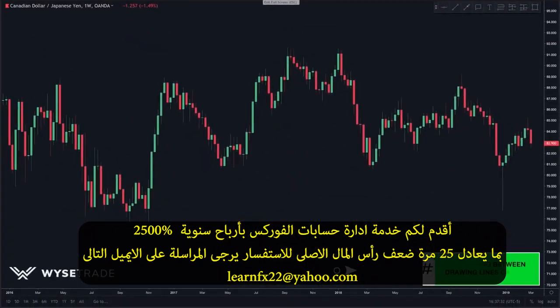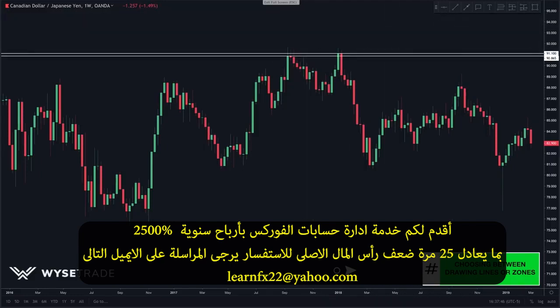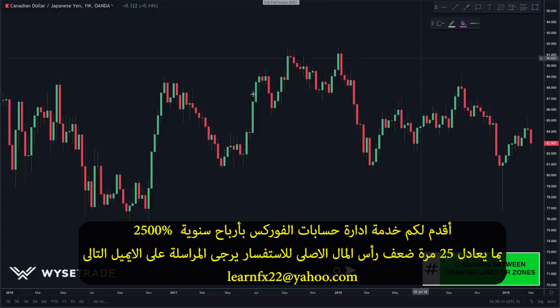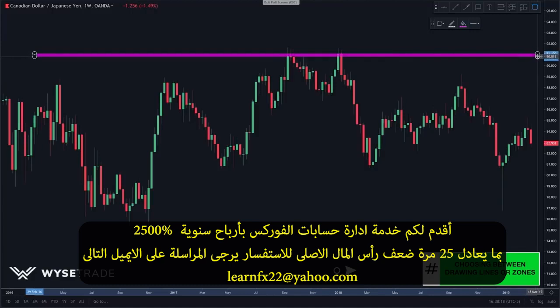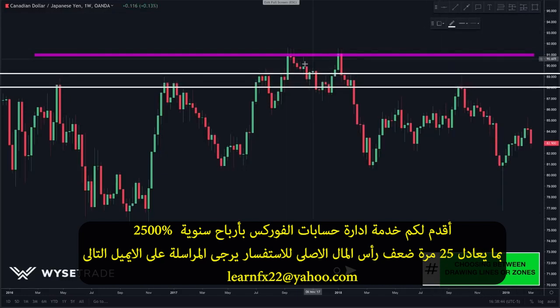Here's the CAD yen. We had a swing high level up top here, and you can draw in 2 lines to accommodate for the candle closes. Again, we prefer drawing zones, so we would do it like this. Moving on down, you have this next level here, and again, you draw in lines like this.